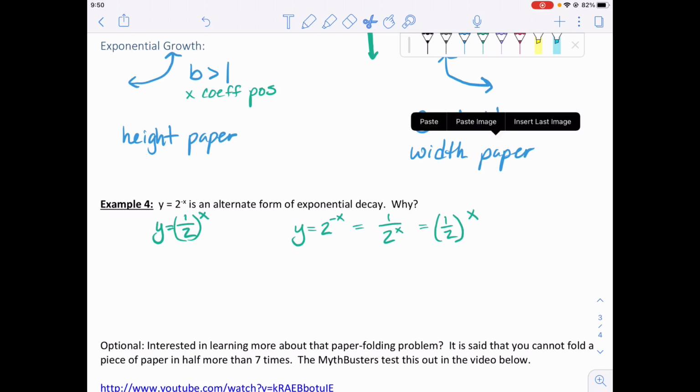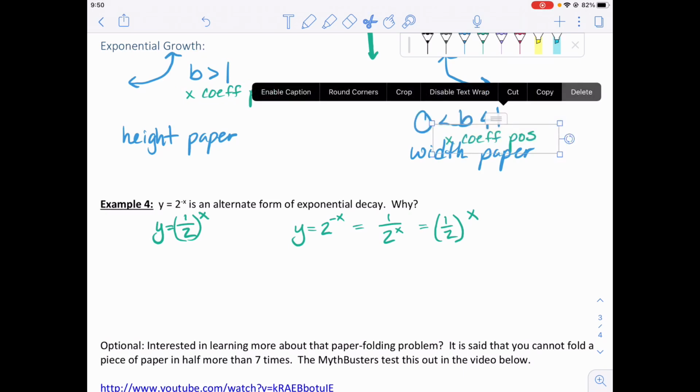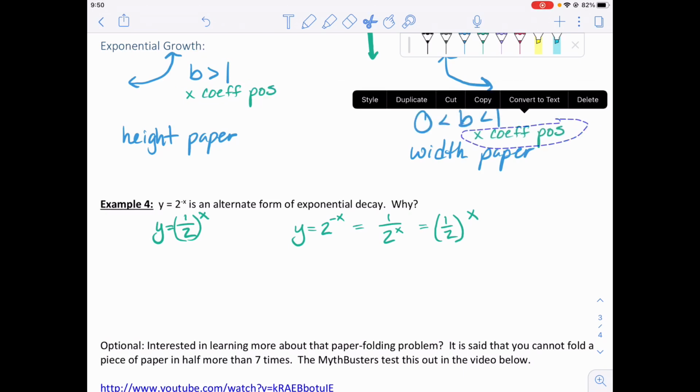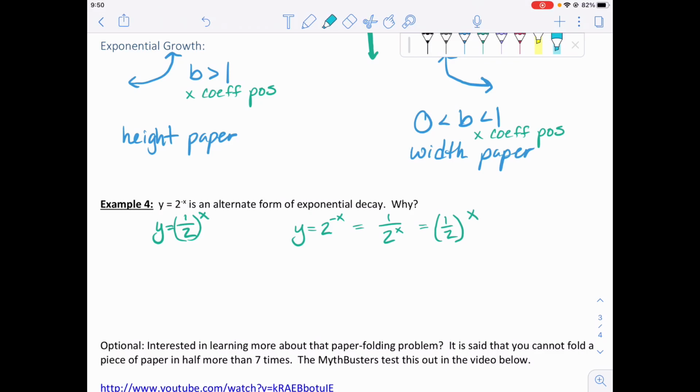This happens when our x coefficient is positive. If our x coefficient is negative, then exponential growth would happen if b is less than 1 and greater than 0. So let's look at an example. If you had y equals 1/2 to the negative x, that's really 2 to the x. That's growth.